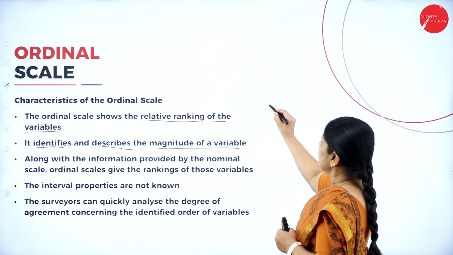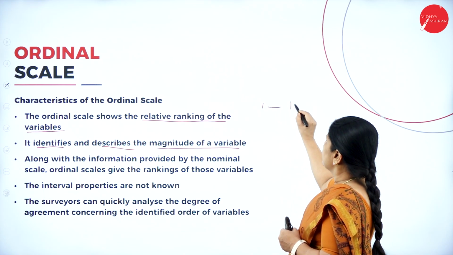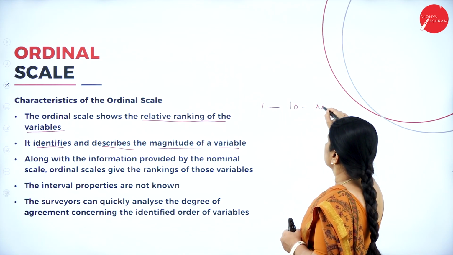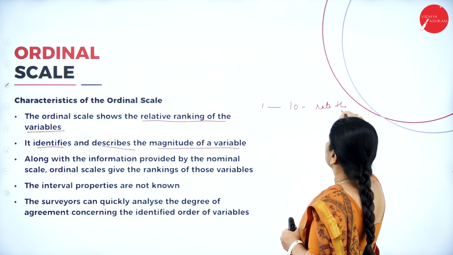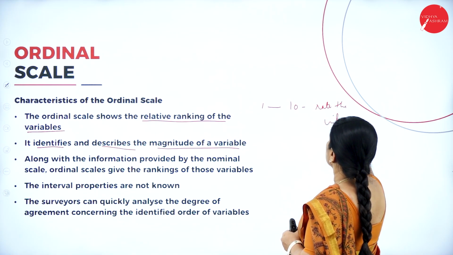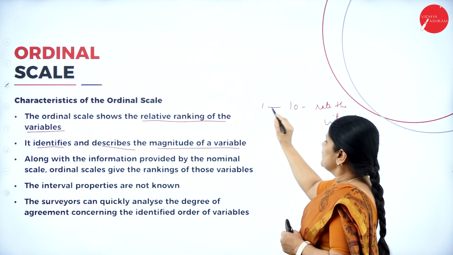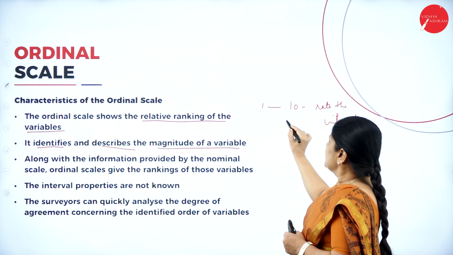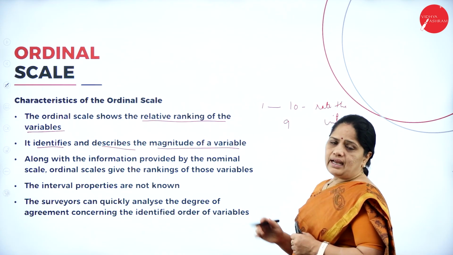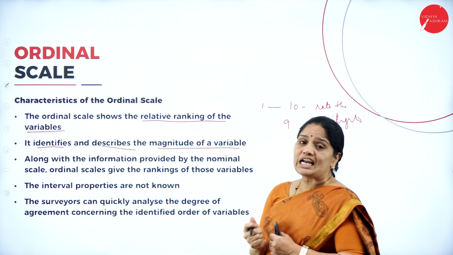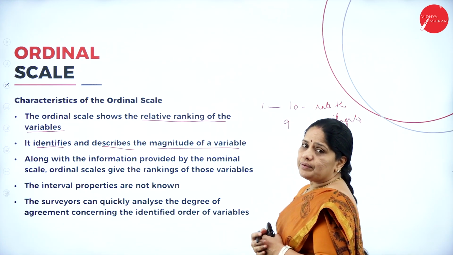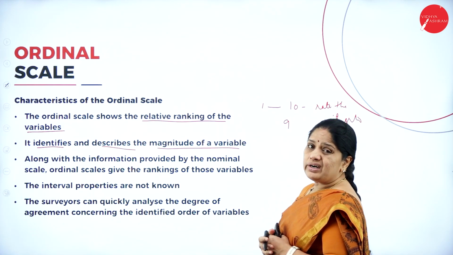So I just say between 1 to 10, how do you rate the integrity of the person? If I say it is 9, then it means that the person has strong integrity. That is what we mean by this kind of ordinal scale.